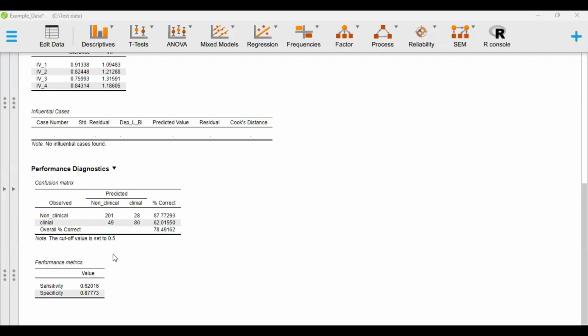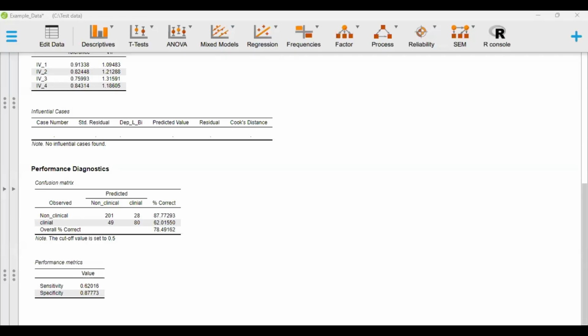Positive here means that, for example, if you predict that a participant should fall into the clinical level, and your model correctly categorizes them in the clinical level, we call that the true positive rate, which appears here, and we call this sensitivity.